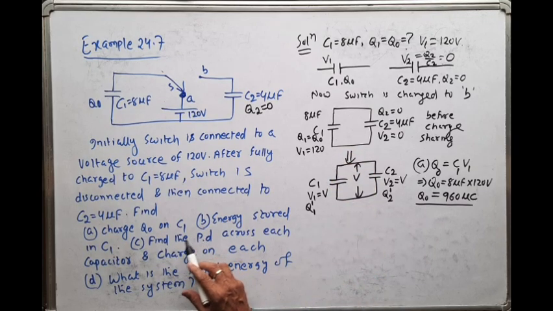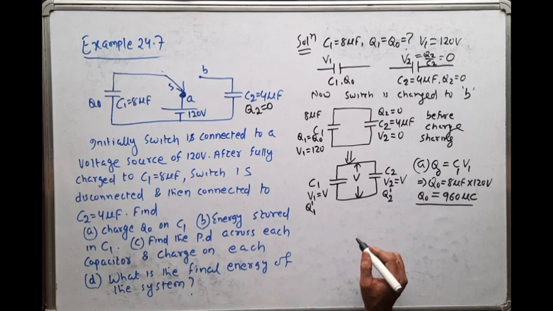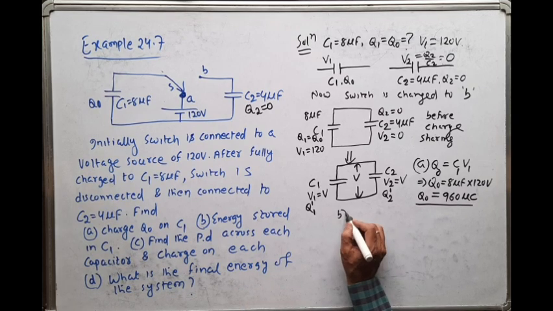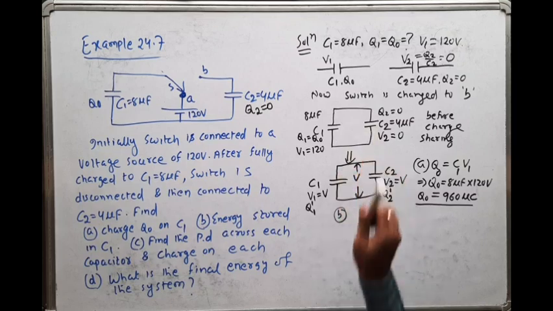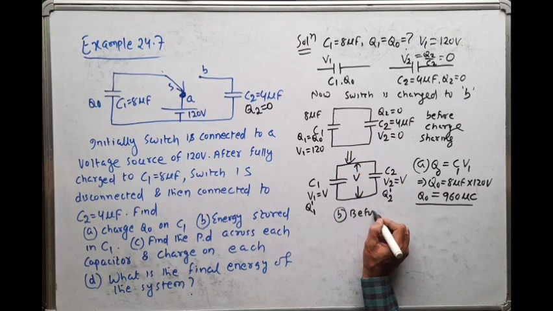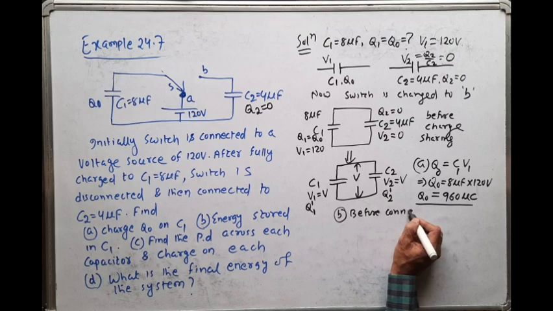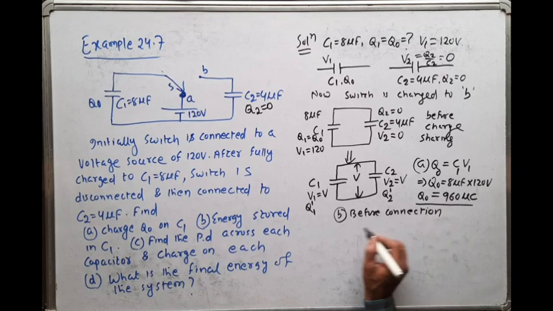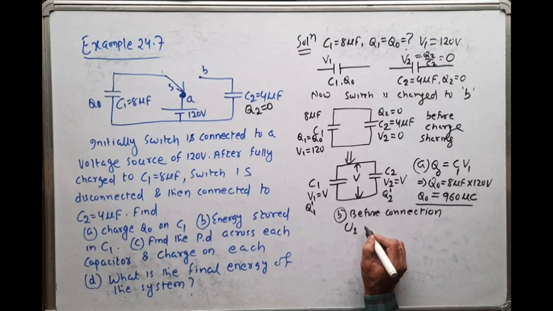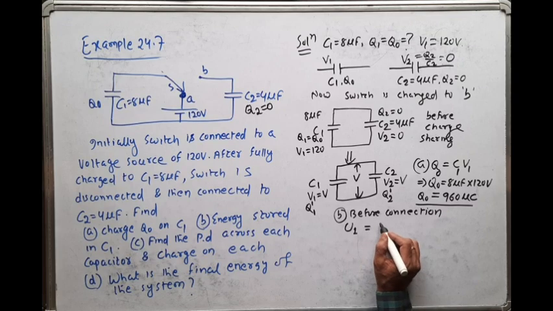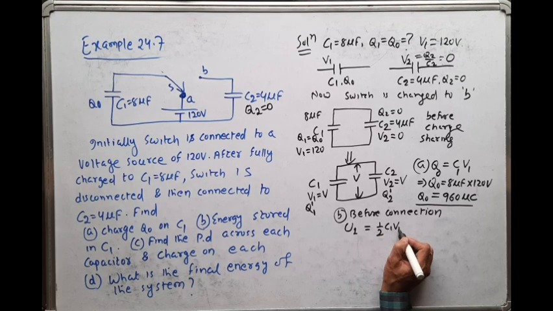Then the question is, what is the energy stored in C1? So initially, before connection to the second capacitor, what was the energy stored? The energy stored formula is half C1 V1 square.